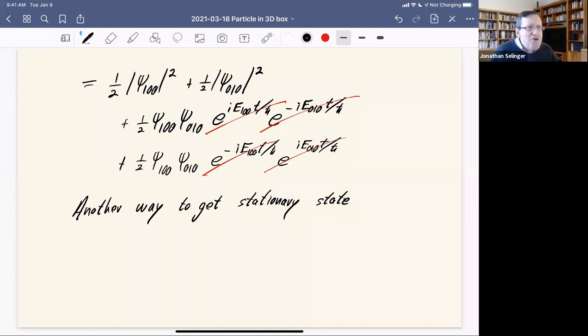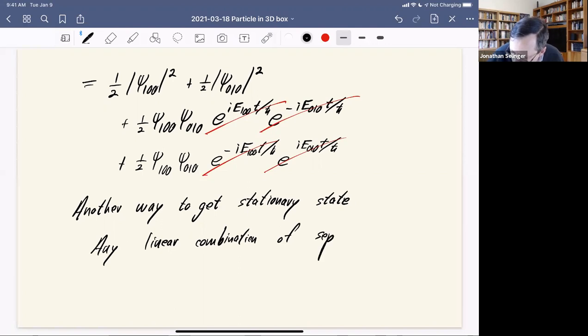We could also get a stationary state by taking any linear combination of separable solutions with the same energy.